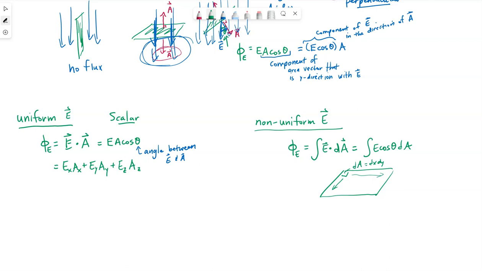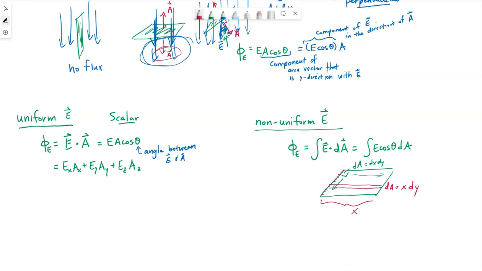If we have a situation where the electric field is uniform in one direction but not the other, for example, if it was uniform along the x-axis but not the y-axis, we could call this dA x to represent the entire length along the x-axis, and then a dy to represent adding up these little segments as we go across the area.